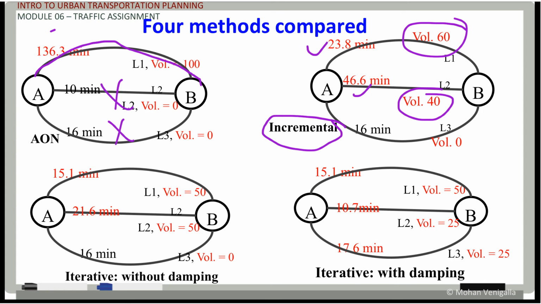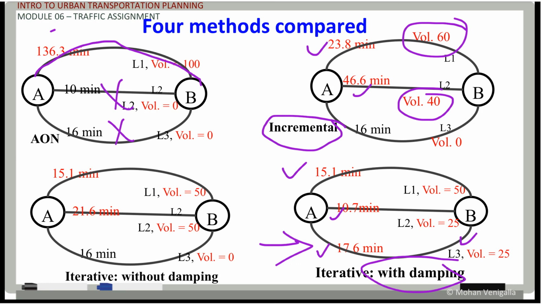So we came to iterative with damping. This method gave you 15.1, 10.7, 17.6. Only one method put some volume on link 3, which is the iterative method with damping. We are on to something with this.